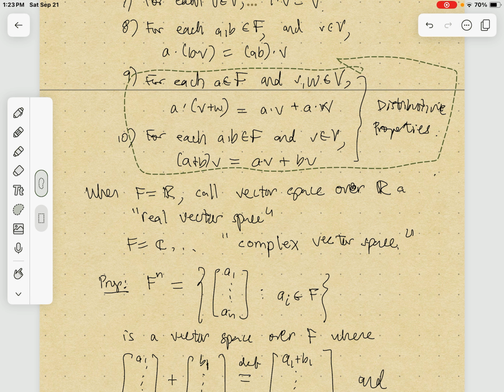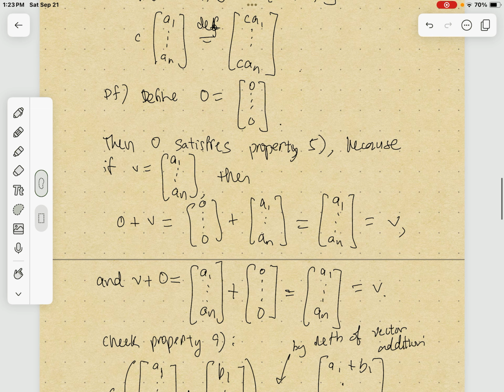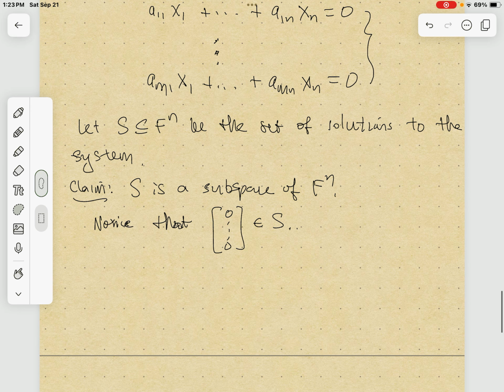We don't need to check that either for the same reason. So let's summarize what we have to actually do. We need to check that the zero vector in the space V is actually in S.